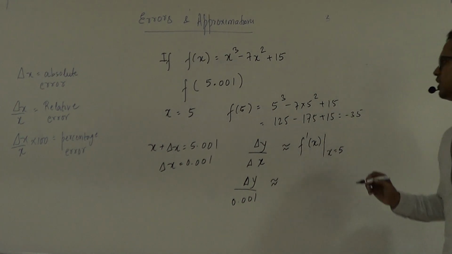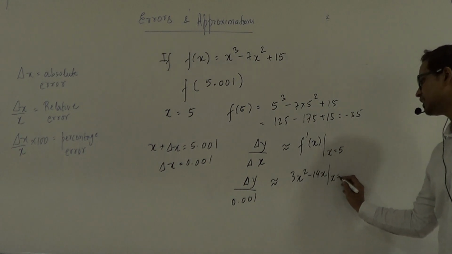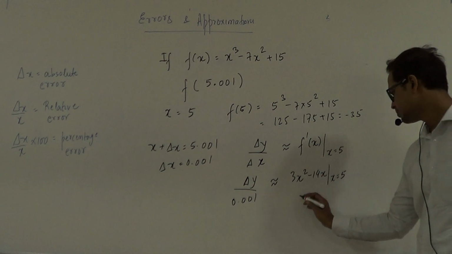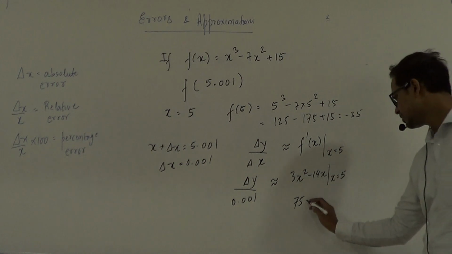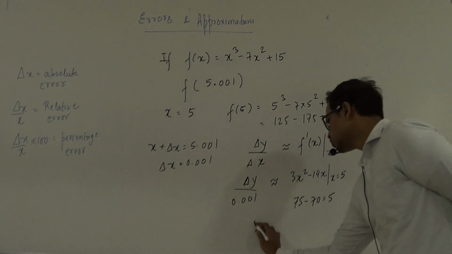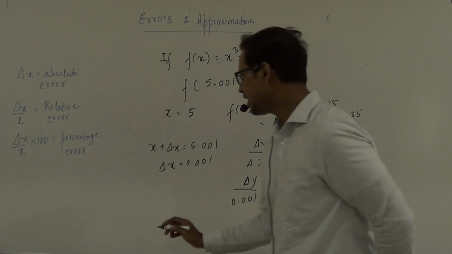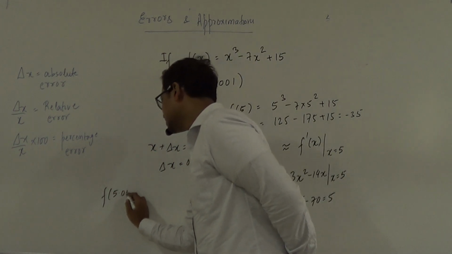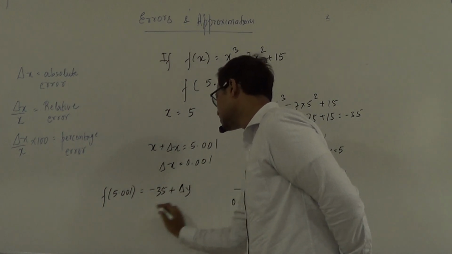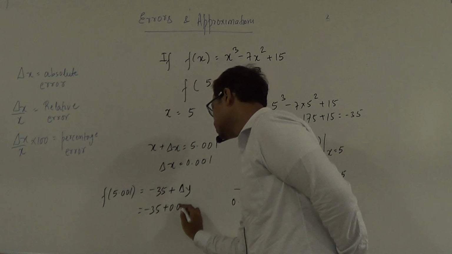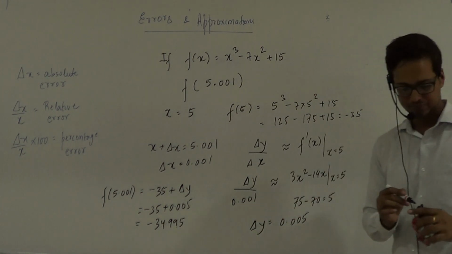This is approximately equal to the derivative, which is 3x square minus 14x calculated at x equal to 5. So this is going to be 75 minus 70, which is 5. So delta y would be 0.005. So your new value of the function, f of 5.001, will be the previous value plus delta y, which is plus 0.005. Hence your answer will be minus 34.995.